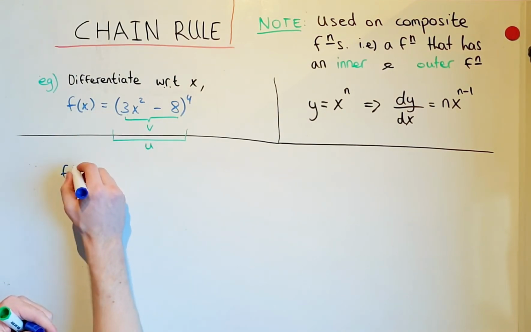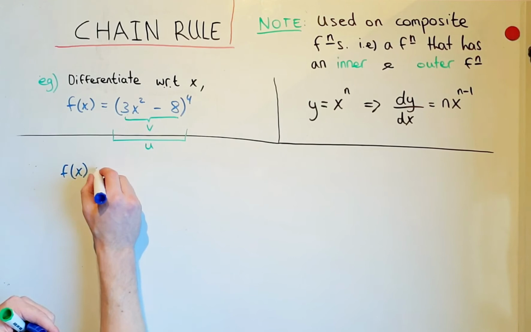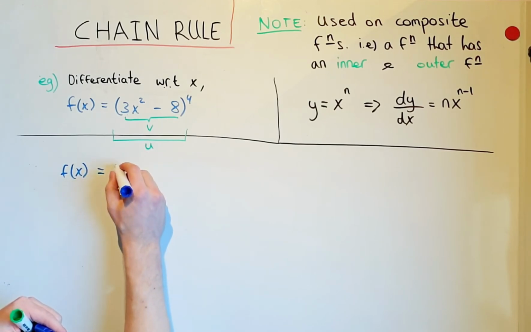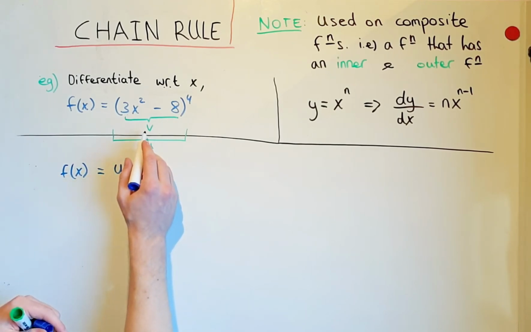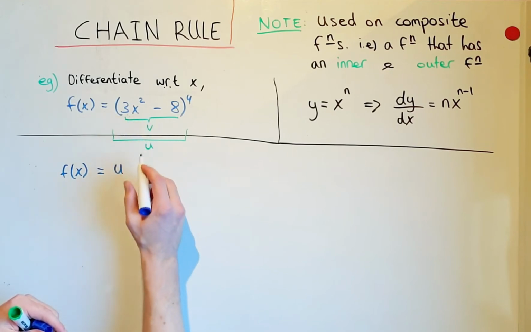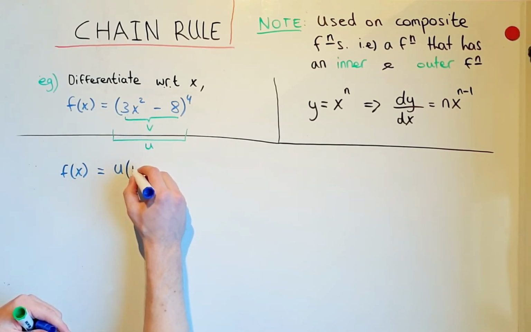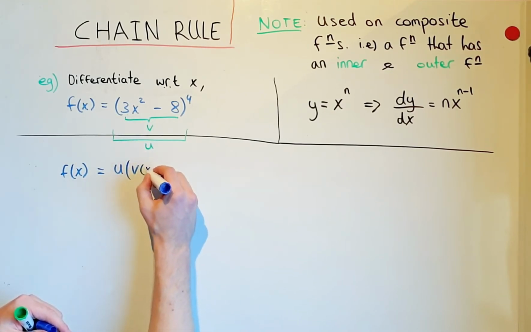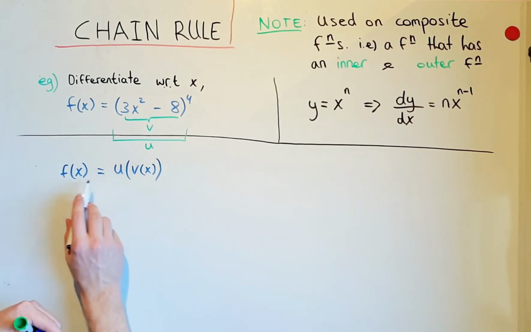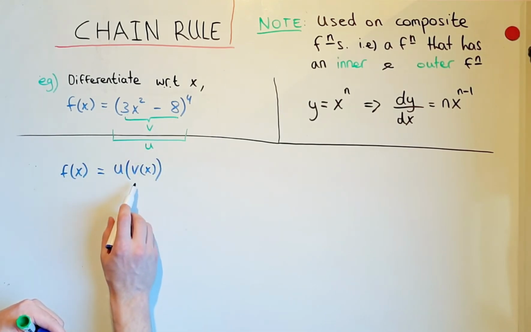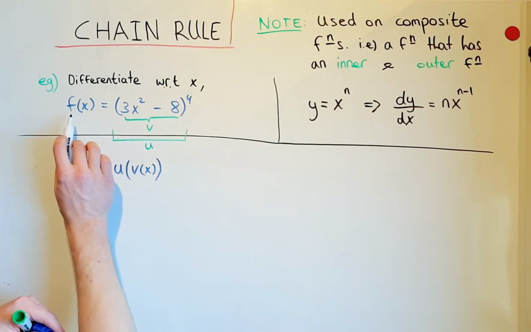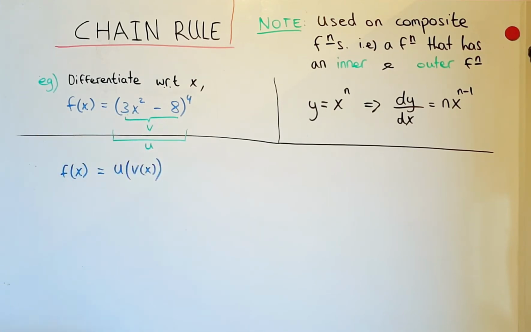We know the outer function is u, and then the inner function is v, and we know it depends on x. So f of x can be written in this way. It's basically just a summary of the original f of x that we have up here.